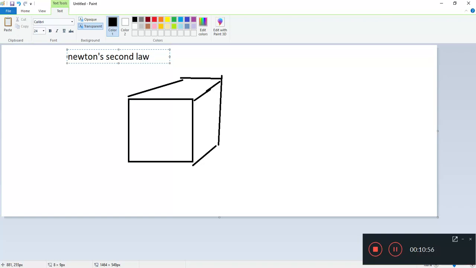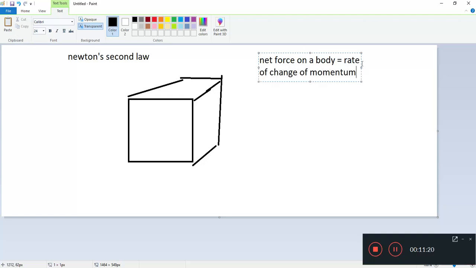Newton's second law says that if you are doing it in SI units anyway, the net force on the body equals, or is proportional to, the rate of change of momentum. Right?